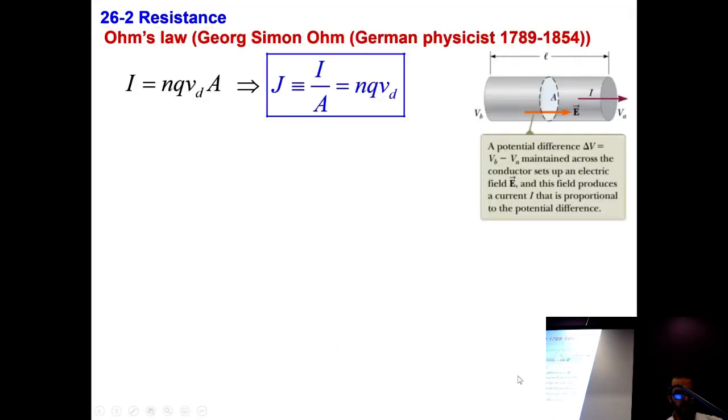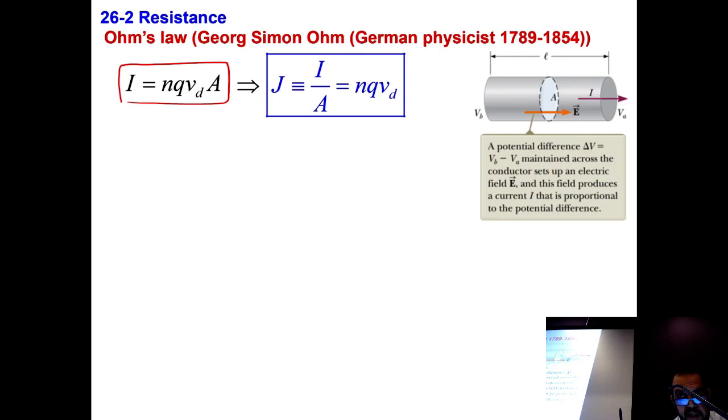Okay, now we have proven this equation earlier. We said the average current is equal to the number of charges per unit volume, number of free charges, not number of charges, number of free charges per unit volume, times the charge of each of these free charges, times the drift velocity or the drift speed, Vd, times the cross-sectional area of the conductor.